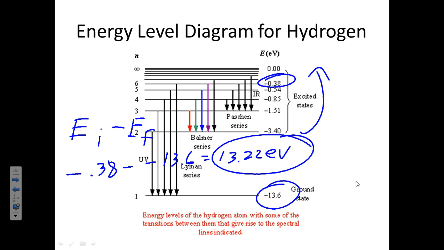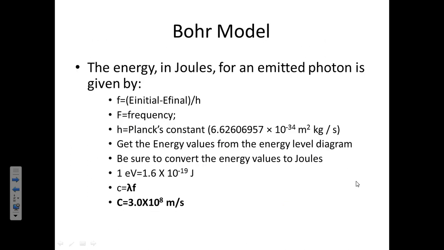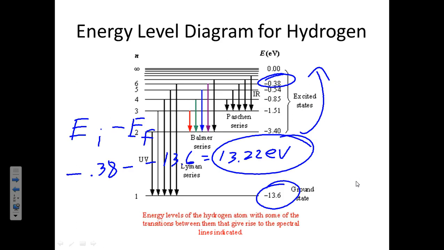Let's look at one other problem related to this. So here's some information to know. Let's say that instead of doing that, we looked at an electron that dropped from level 2 down to level 1. At level 2, we've got negative 3.40, and at level 1, negative 13.6.